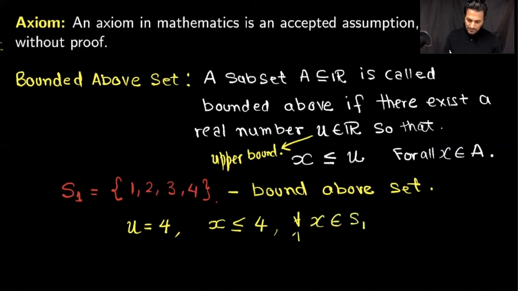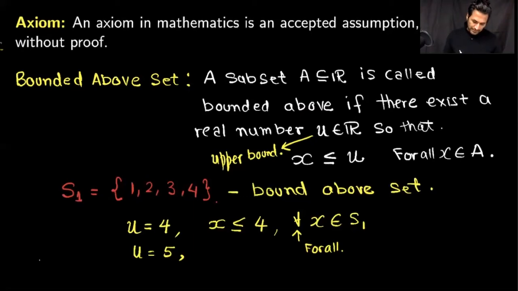So this is a short form of for all. So every element of the set is less than or equal to 4. So this is an upper bound. And also you can notice that if I choose u equal to 5, this also works. So every element of this set is also less than or equal to 5. So 5 is also an upper bound.